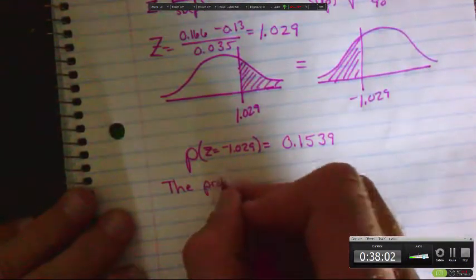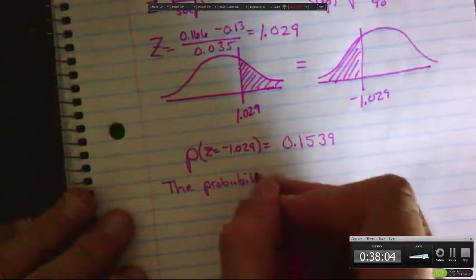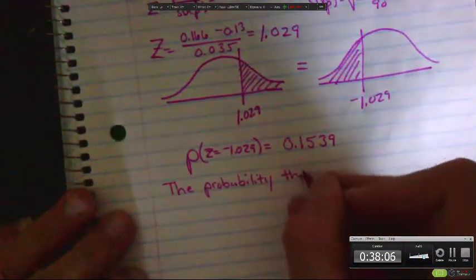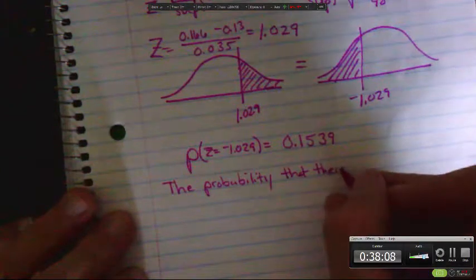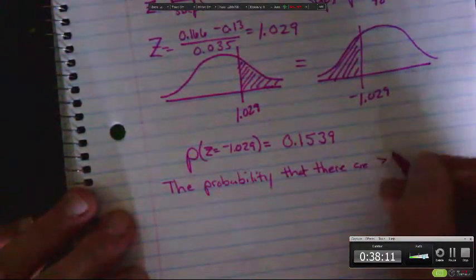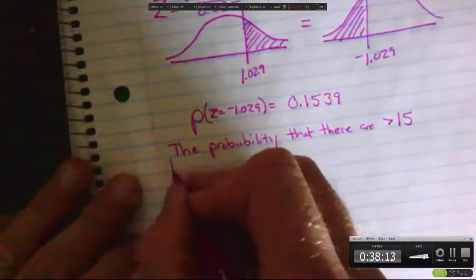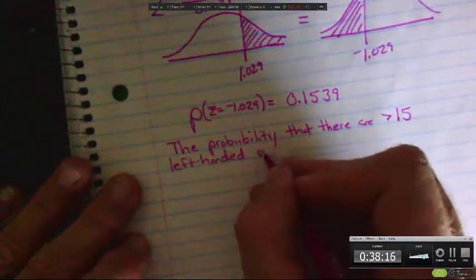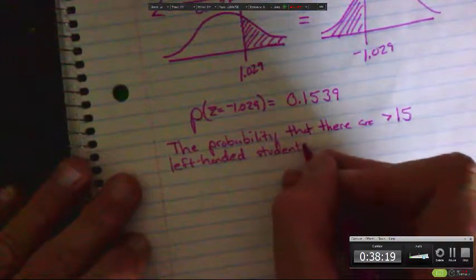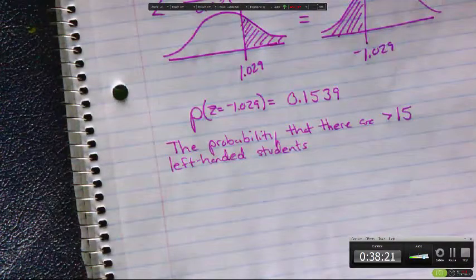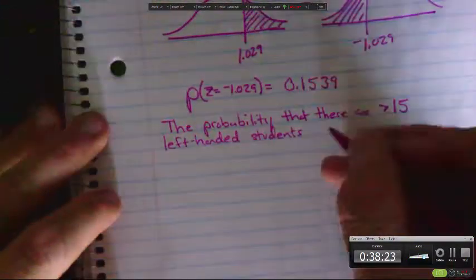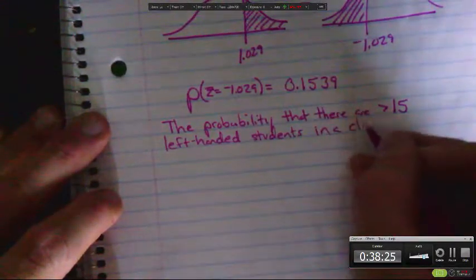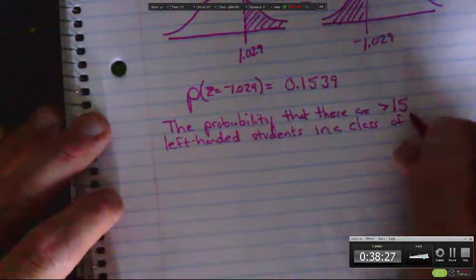The probability that there are greater than 15 left-handed students, and it's not just greater than 15 left-handed students, it's greater than 15 in a class of 90.